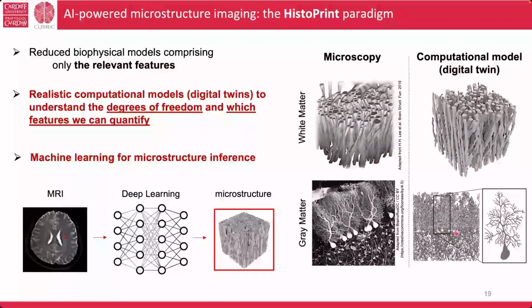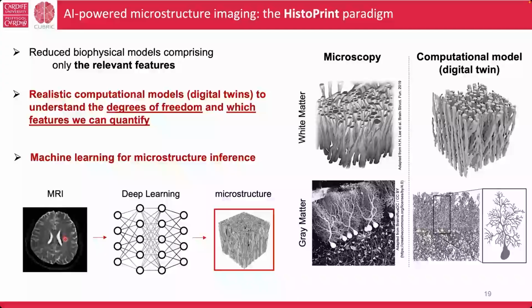Obviously, you might have also seen during this workshop that machine learning and deep learning are very powerful tools to perform model parameter inference. And so once you have access to a computational model, which is also a generative model, you can imagine generating many random realizations of microstructures and then using them to train a deep learning model to infer the most likely microstructure that gives origin to the signal you measure in each voxel.